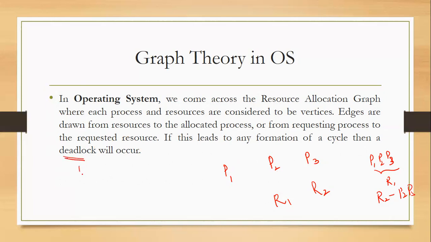Deadlock is basically when resources are being shared and only one program has taken the resource and is not passing it to the other programs.